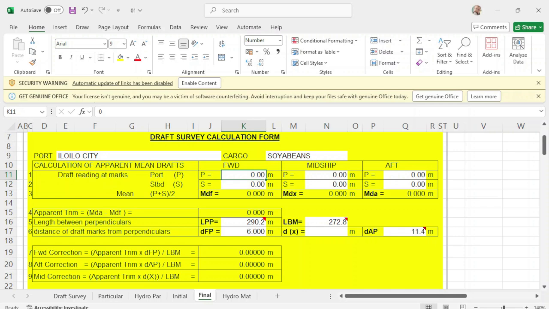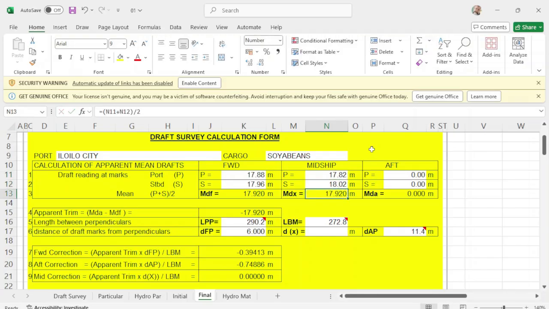Forward is 17.88, Starboard is 17.96. Midship is 17.82, Starboard is 18.02.